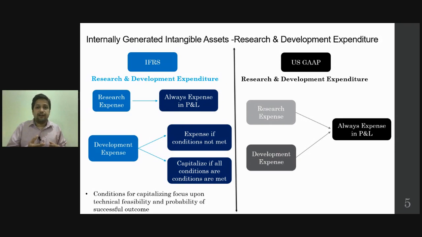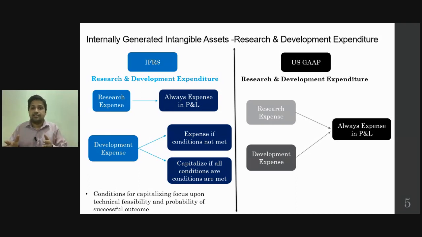However, in IFRS, the development expenditure may be capitalized subject to meeting the conditions set out by IAS 38 Intangible Assets. Remember, most of the conditions in the standard focus upon establishing a technical feasibility, commercial feasibility, and having a high probability of developing a successful product.